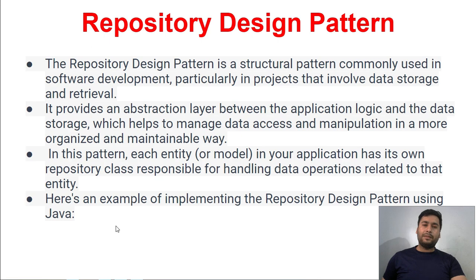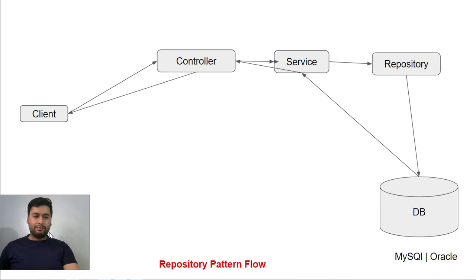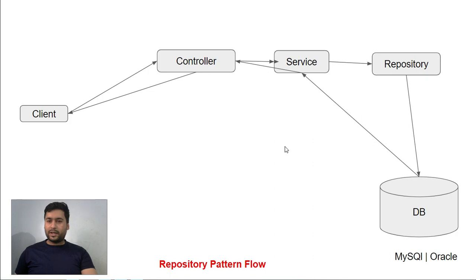But before coding, let's understand what the flow looks like. Let me shift myself here. Now, if you see, this is the client. If you know a little bit of Spring Boot, or how our JSP servlet and MVC pattern work, then you can see this is the client, or Postman, or browsers.